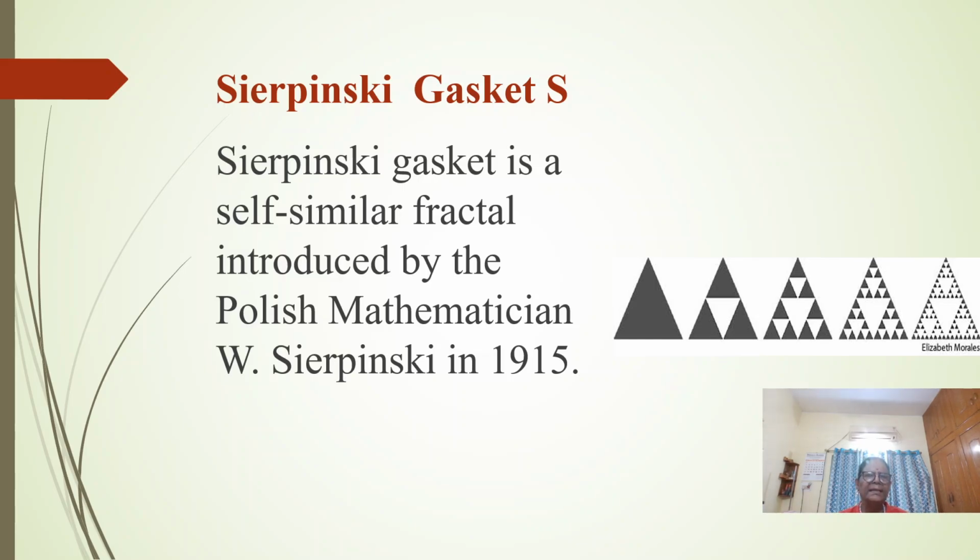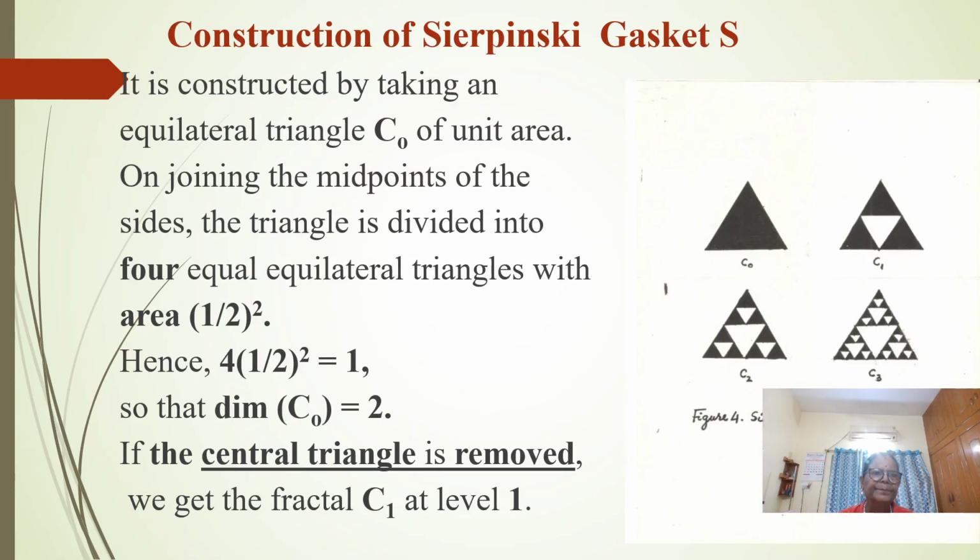Next, let us take the case of the Sierpinski gasket S. The Sierpinski gasket is a self-similar fractal introduced by the Polish mathematician W. Sierpinski in 1915. It is constructed by taking an equilateral triangle C0 of unit area. On joining the midpoints of the sides of the triangle, it is divided into 4 equal equilateral triangles with area (1/2)².